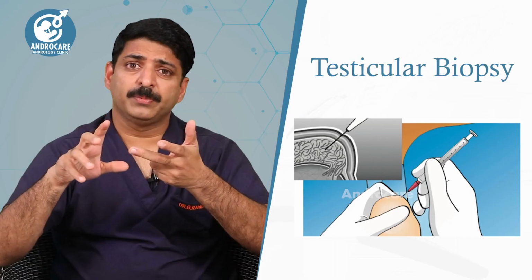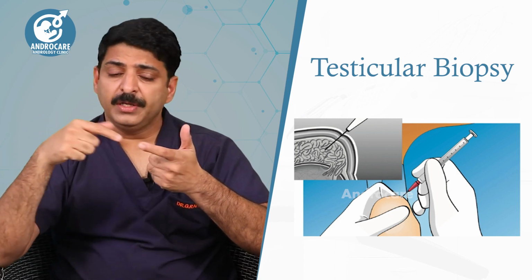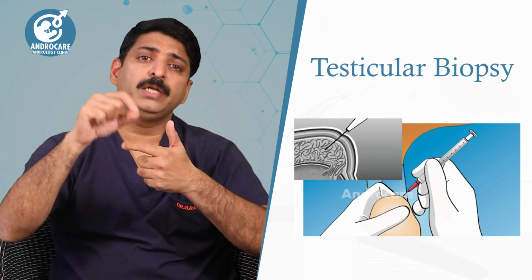The advantage with TESA is that this is not a surgery, this is only an aspiration procedure. In testicular biopsy you take tissue from only one area. Here in TESA you can take testicular samples from multiple areas. We call them testicular mapping biopsies, or FNA mapping biopsy.